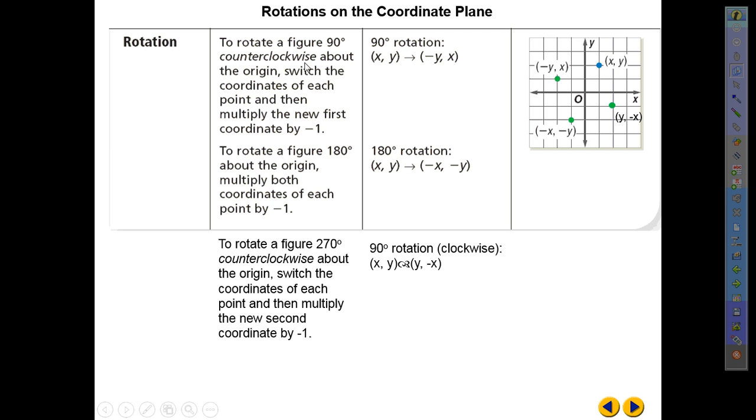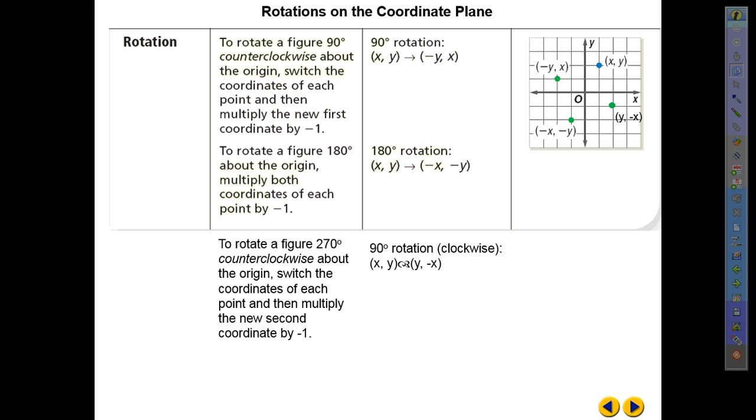Now, just like all the other things that we've done on the coordinate plane, there's some kind of rule with the points to help us to find where it's going to end up. When we talk about rotations on the coordinate plane, we're always rotating around the origin at 0, 0. You can rotate around other points, but we don't have any rules for that right now.